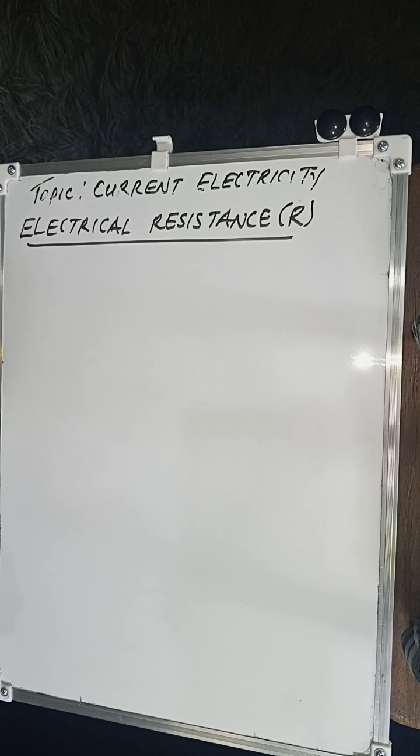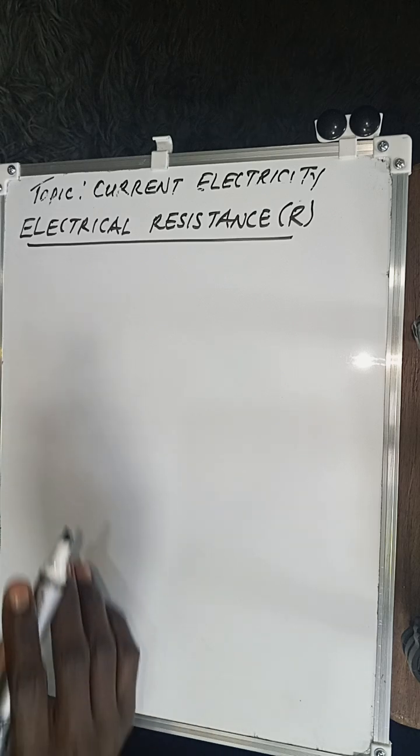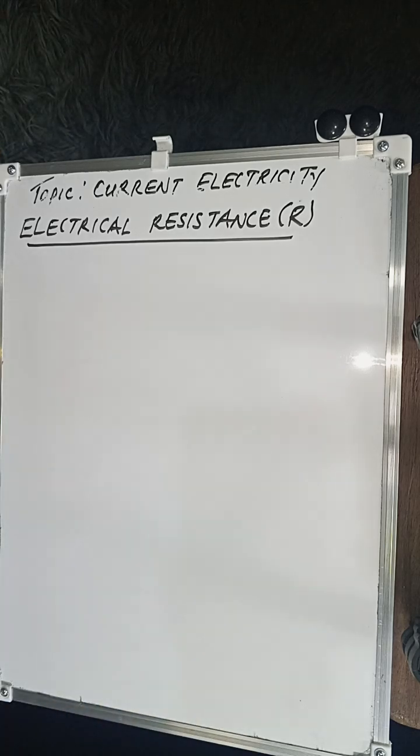So the question that we can ask ourselves is, what is resistance? Well, when we talk about resistance, we can simply define resistance as the opposition to the flow of electrons along a conductor. So when there's opposition to the flow of electrons along a conductor, we call that electrical resistance.